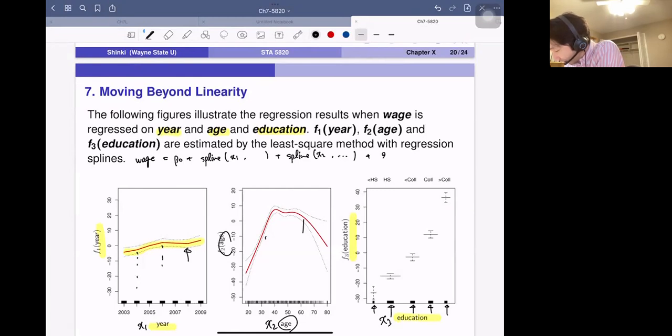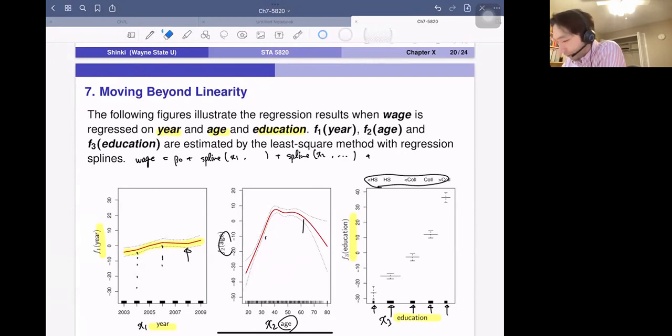So for each level of X3, maybe high school graduate, less than high school. Oh, I see that this is the level. Sorry. So we need an indicator function for each category.